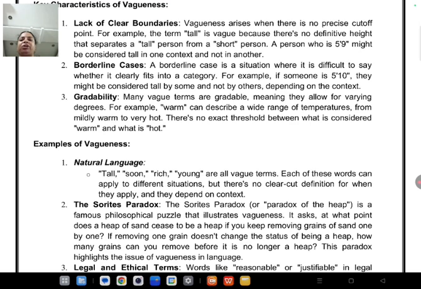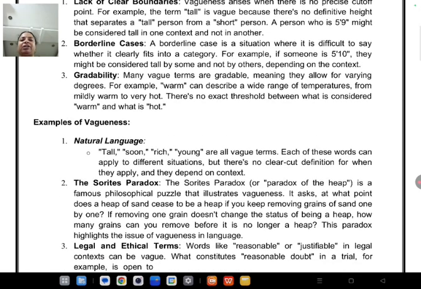Whenever we are not able to decide the borderlines of particular information, we also get vague information. For example, when we talk about the height of a person, if it is out of the boundaries of a person's height, it doesn't clearly indicate whether it is a person or some other item.